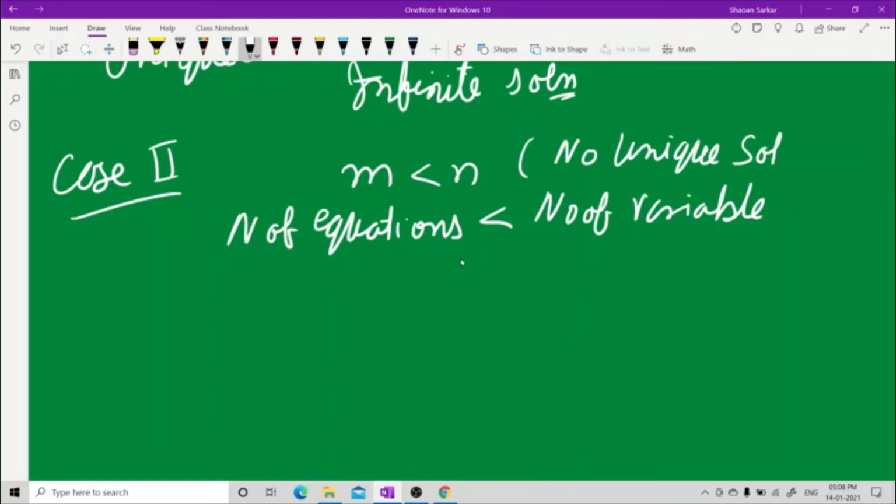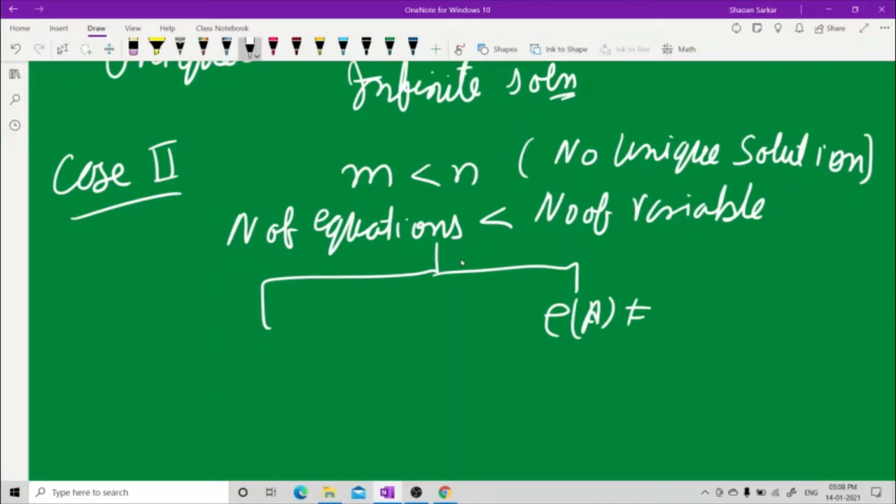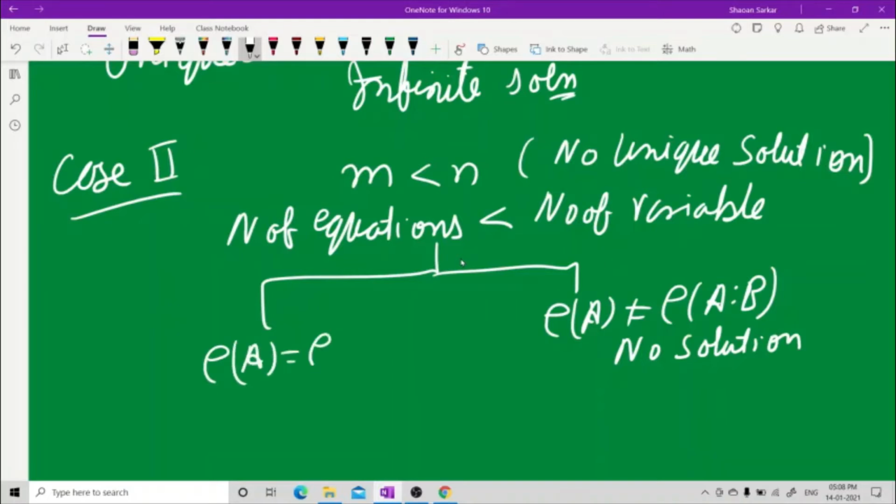This is very, very important. I will never get a unique solution here. Only two cases I'll get. If rank of A not equal to rank of A colon B, I'll get no solution. The other case is rank of A equal to rank of A colon B, and in this case I'll get infinite solution.